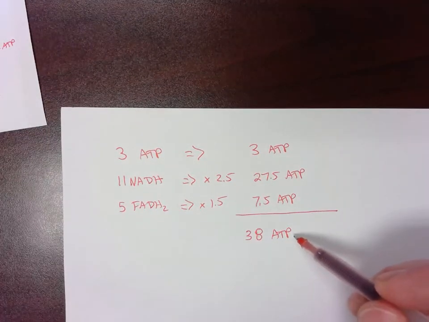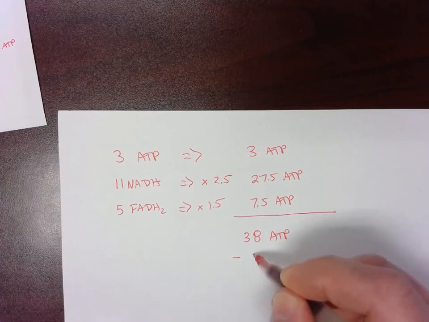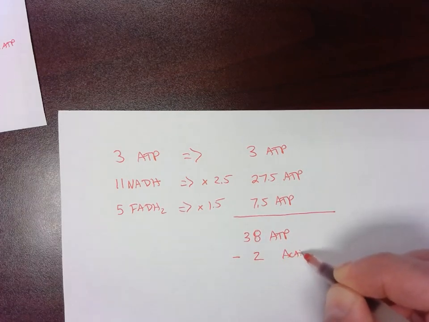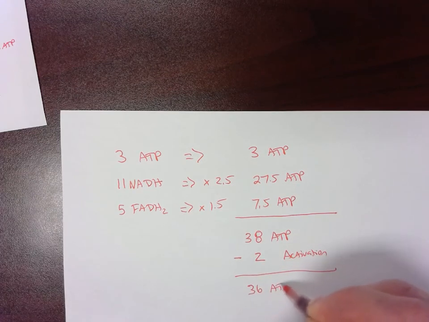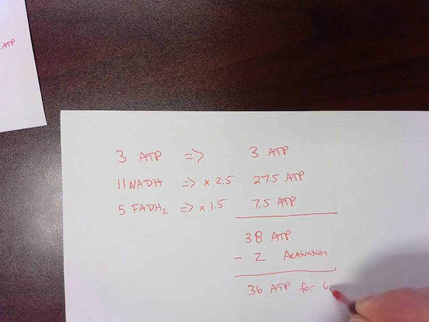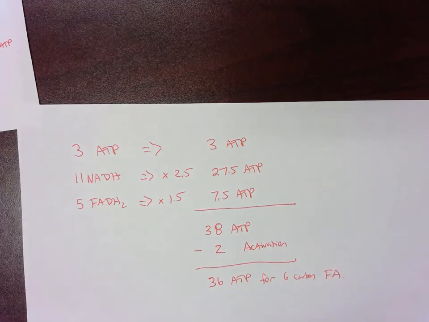So we get 38 ATPs for that 6-carbon fatty acid. Subtract 2 from activation, and we get 36 ATP for a 6-carbon fatty acid.